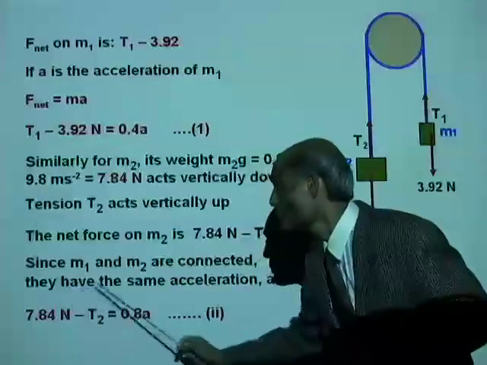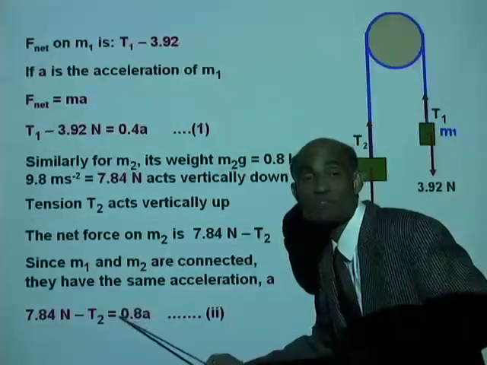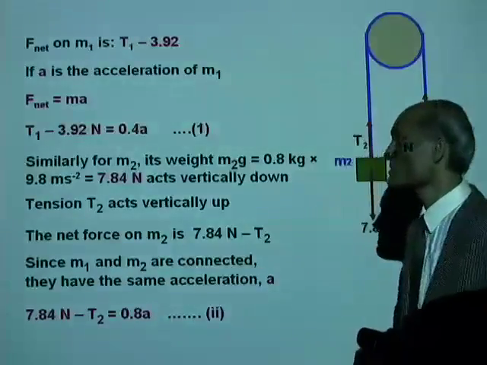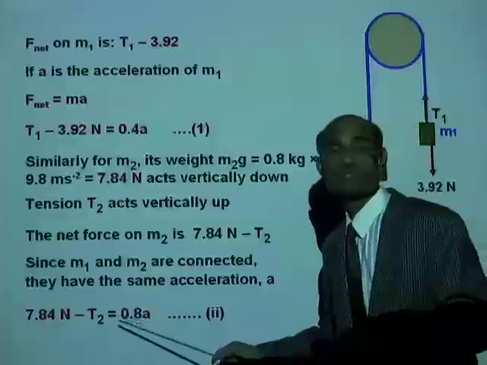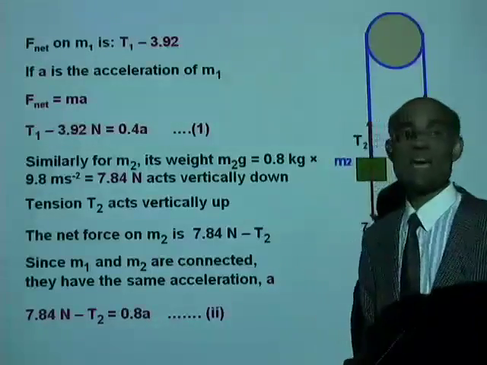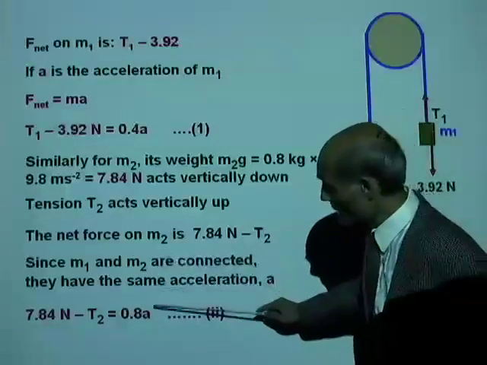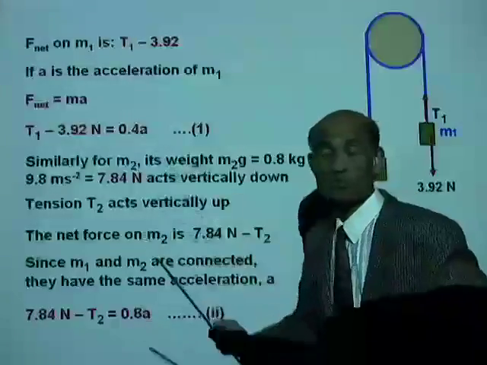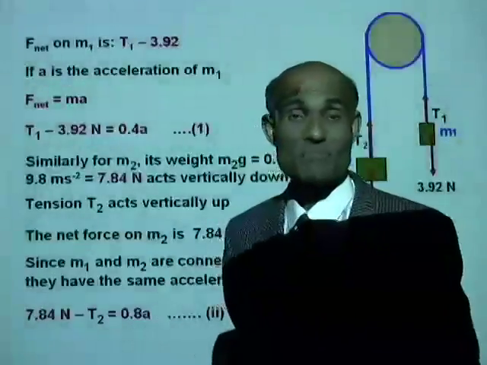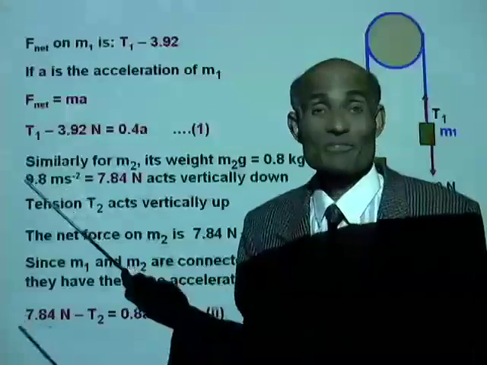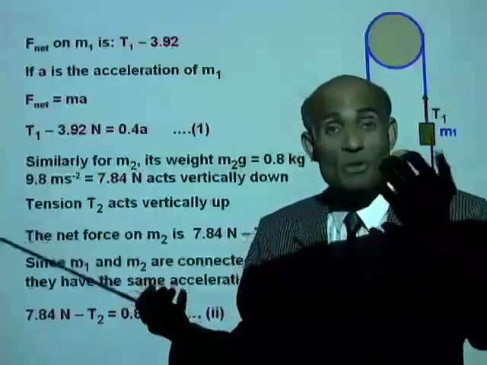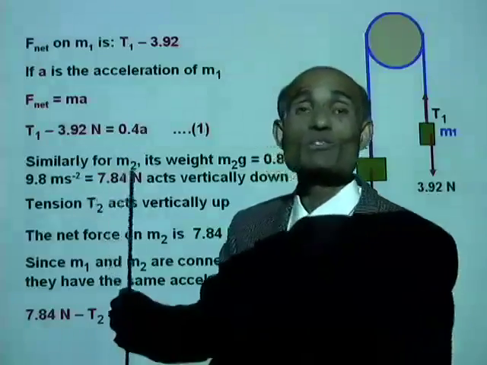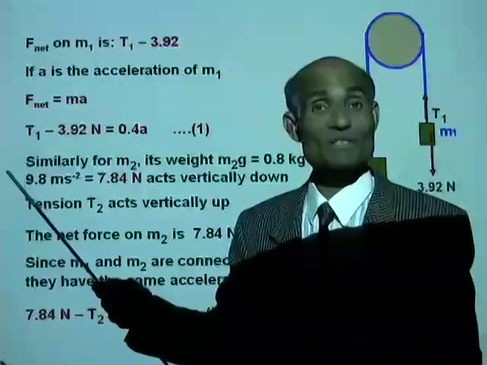The net force equals M2 times a. 7.84 Newton minus T2 equals 0.8 a. Now, do you agree with me that the accelerations of both masses are the same? Yes, they are. They cannot be different because they are connected. If one is accelerating, the other also has the same acceleration.